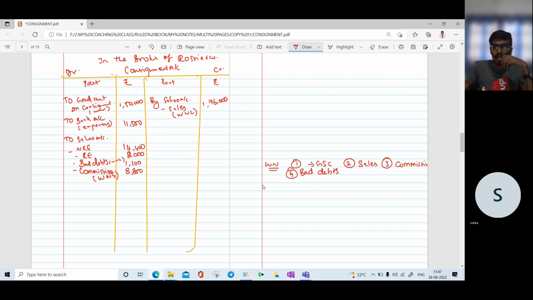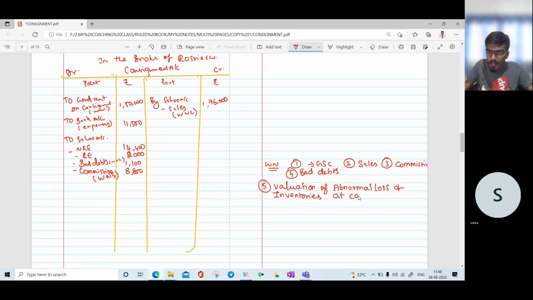Give a reference and we can prepare a fifth working note: valuation of abnormal loss. In this question, we have abnormal loss and inventories at cost. This is our agenda.